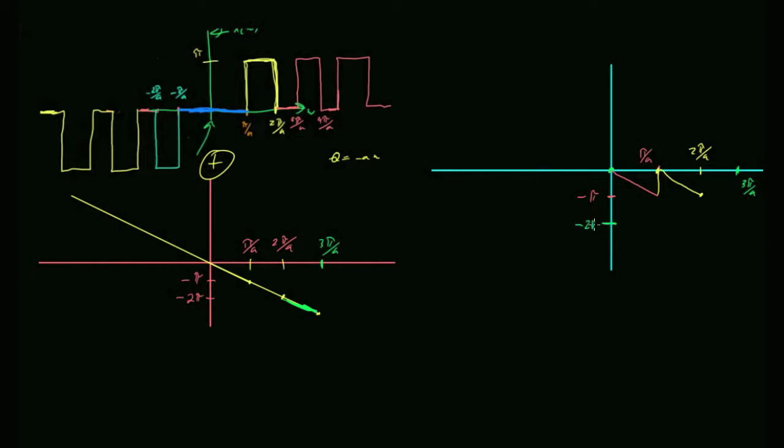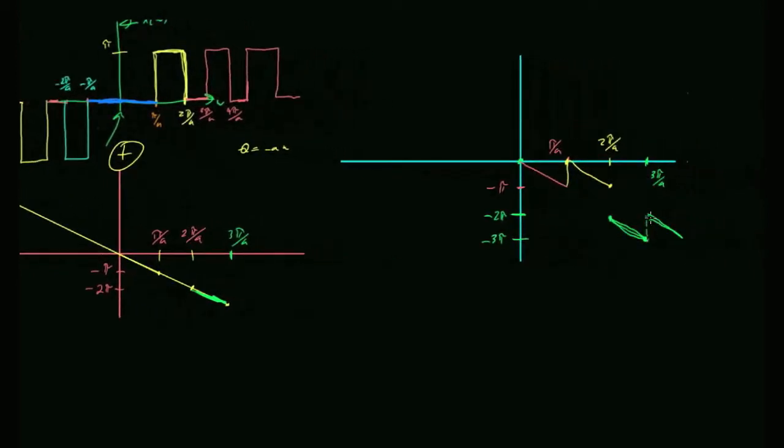Minus 2 pi, minus 3 pi. Okay, and then it's going to jump up by pi again. Okay, and then down, and then so on and so forth. It's a mess, but it's there.